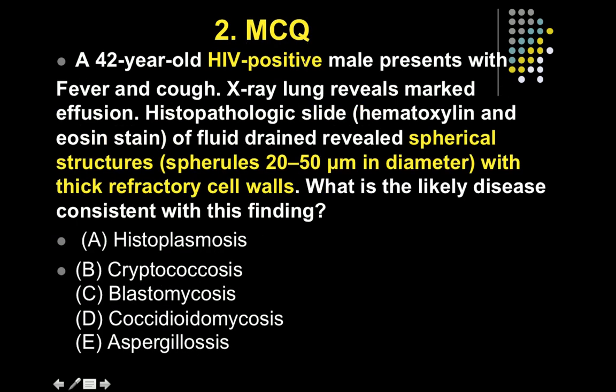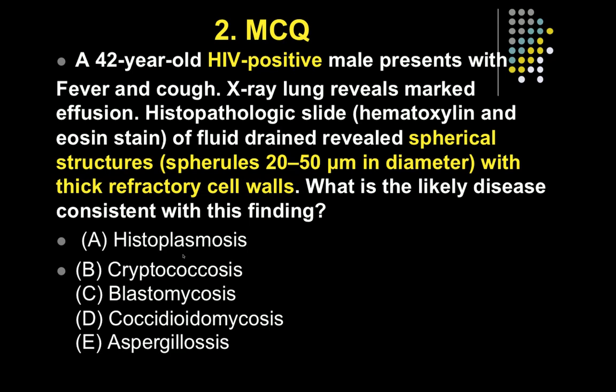Second is an HIV positive patient, again presenting with signs and symptoms of lung infection, and the fluid drained from the lungs reveals spherules. Spherules are a characteristic feature of which of the fungi we have already discussed.